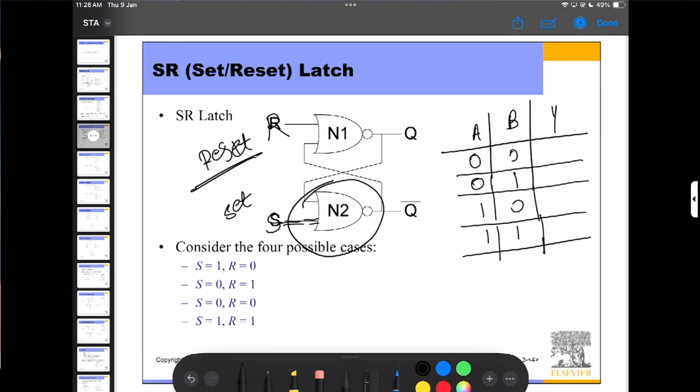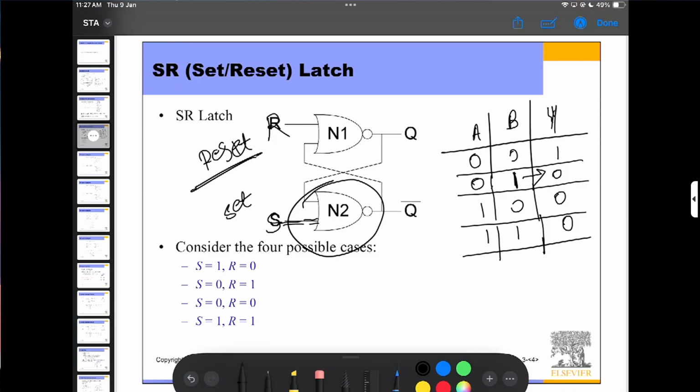For 0 0, what is my output? 0 OR 0 is 0, so NOR is 1. For 0 1, 1 OR 0 is 1, and NOR gives 0, again 0, again 0. So we realize that if one input of the NOR gate is 1, then my output is 0.